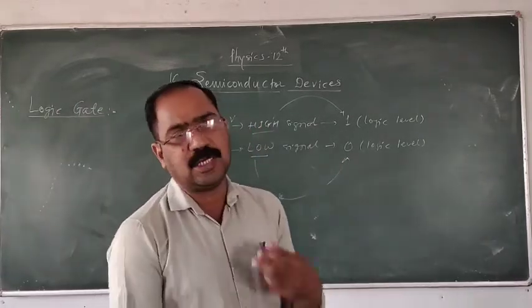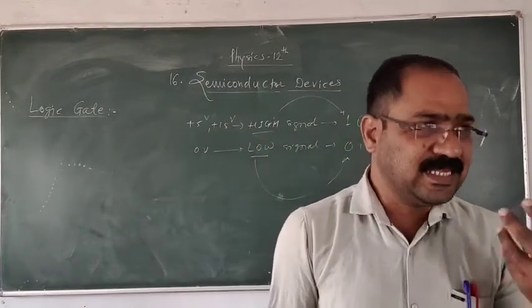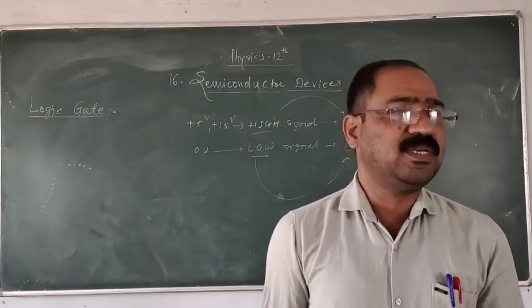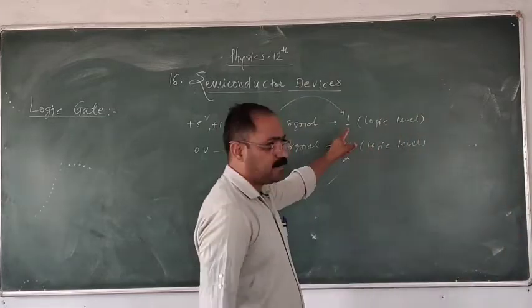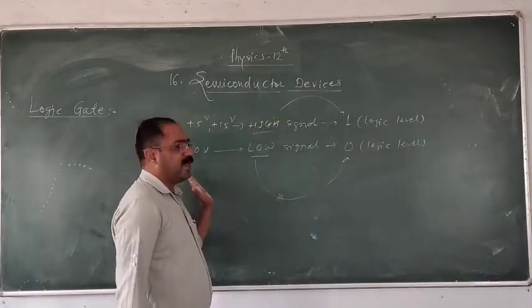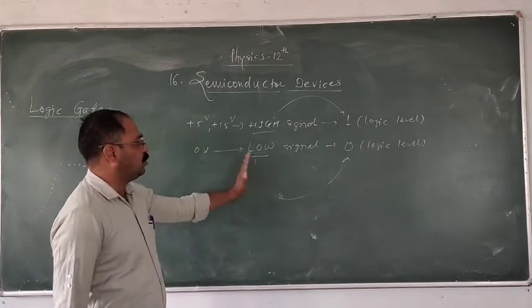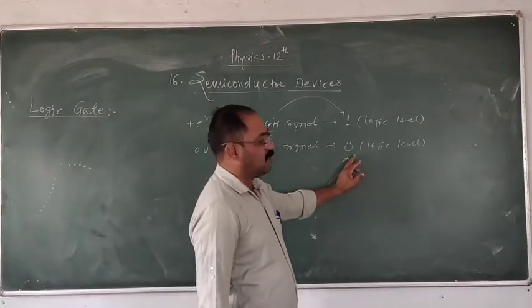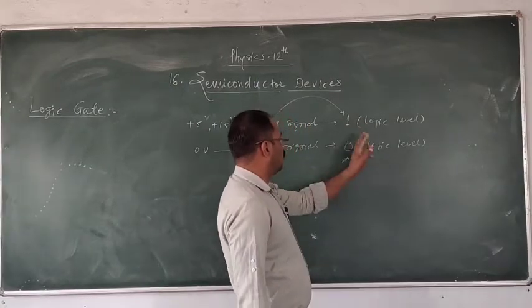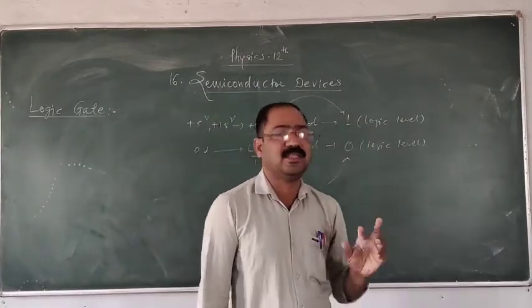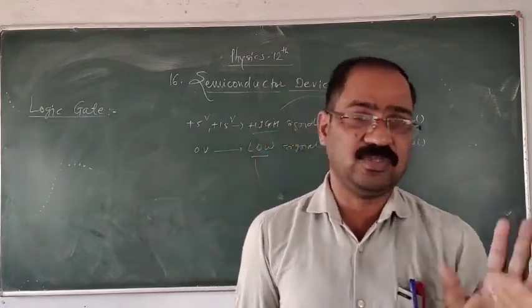So we have two logic levels. When the signal is given to the input circuit, that high level is denoted by the 1 logic level, and when the signal is not applied, meaning 0 voltage or low signal, it is represented by the 0 logic level. So logical 0 and logical 1 are the low and high signal values.